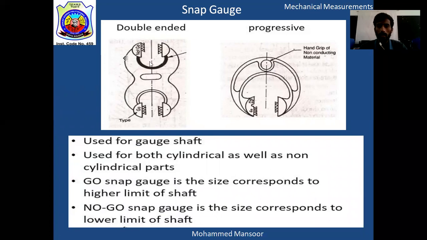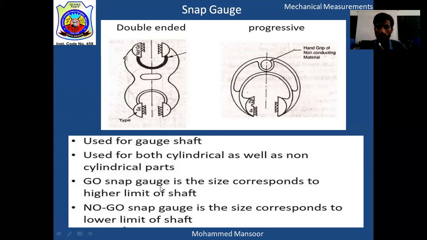These snap gauges are used for gauging the shaft. They can be used for both cylindrical parts and non-cylindrical parts. Cylindrical parts, for example, shafts. For non-cylindrical parts, we can take any rectangular component.